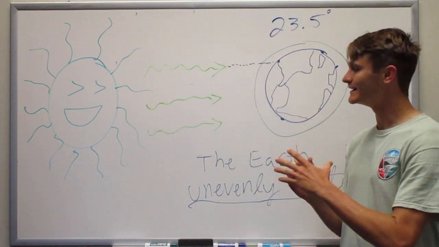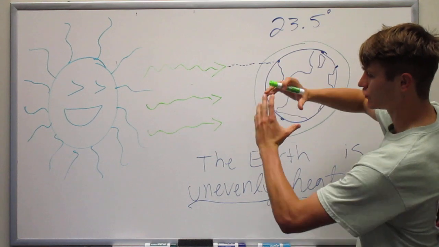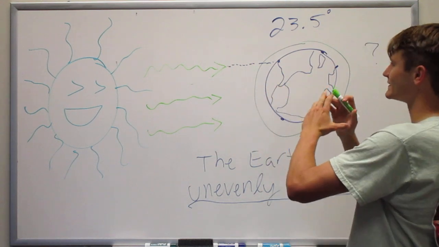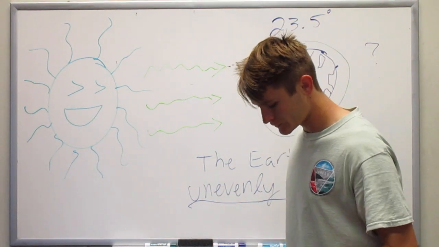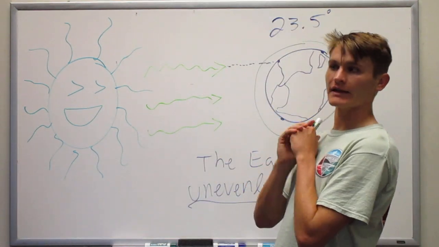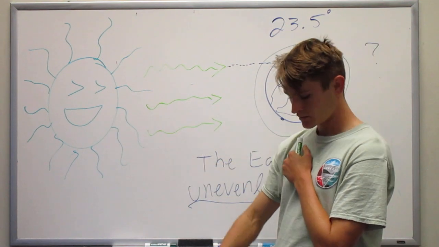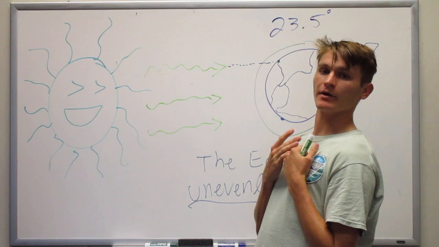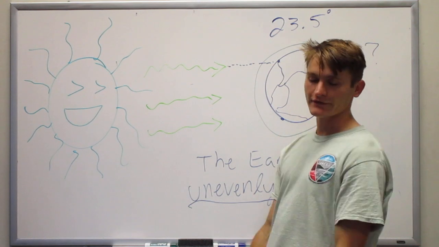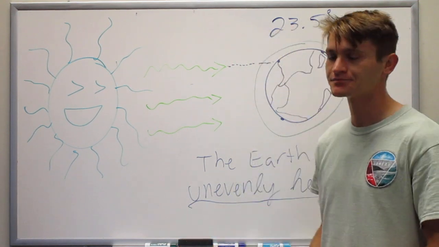The Earth is unevenly heated because of its curvature and because of its tilt. It's tilted back. Think of me, for example. If I were leaning back and I had a heater blowing on me and my feet are pointing out this way and my head's facing back, which part of my body would heat up first? My feet, because my feet are close to the heater.